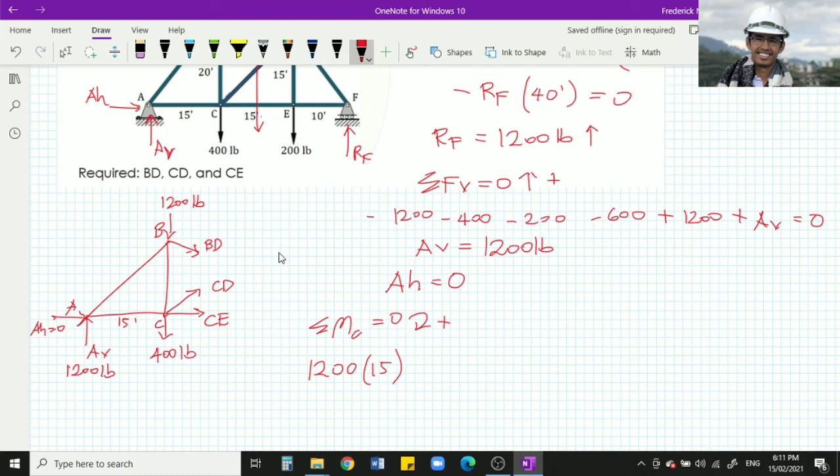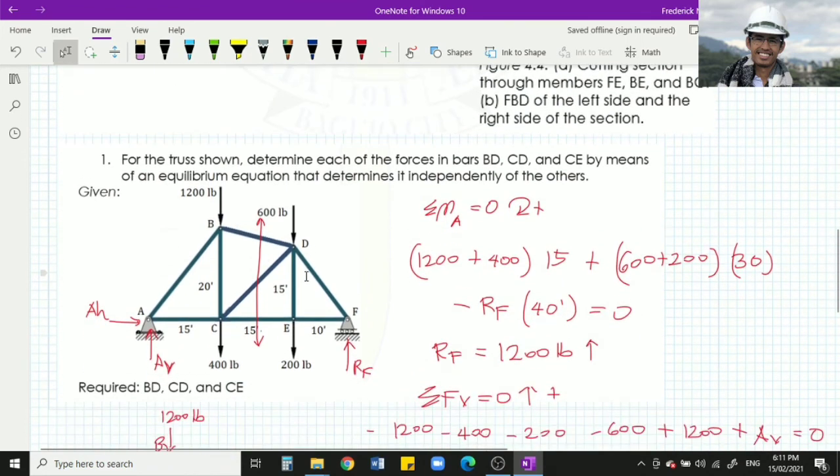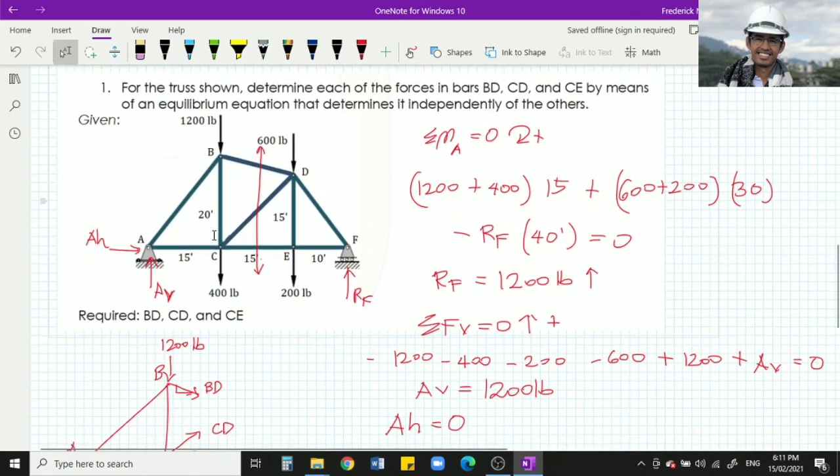And yung BD natin, no? So that will be, ano yung may moment natin sa BD is yung kanyang horizontal component. So kunin natin yung slope nito. So yung magiging slope nito is, so kung 20 feet yon, 15 feet. So compute natin yung slope niya. Okay.